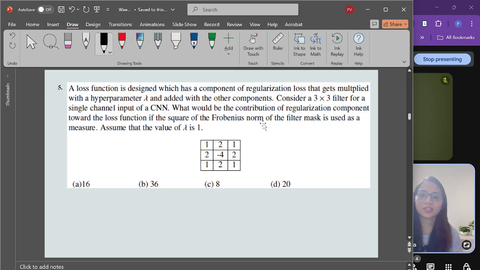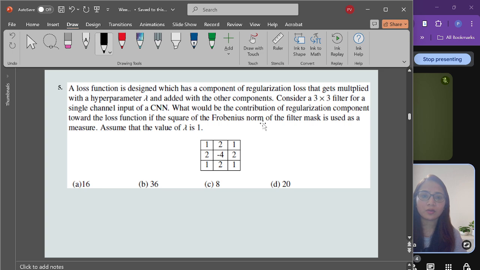Our next question is: a loss function is designed which has a component of regularization loss that gets multiplied with the hyperparameter lambda and added with the other components. Consider a 3 cross 3 filter for a single channel input of a CNN.